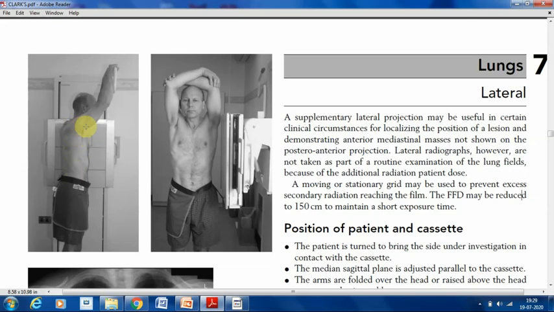Here also the same thing: 2 centimeter above the sternal notch the cassette upper border should be there, so that it will include the whole part of the chest. That is the main consideration when you take this radiography. You should see that.